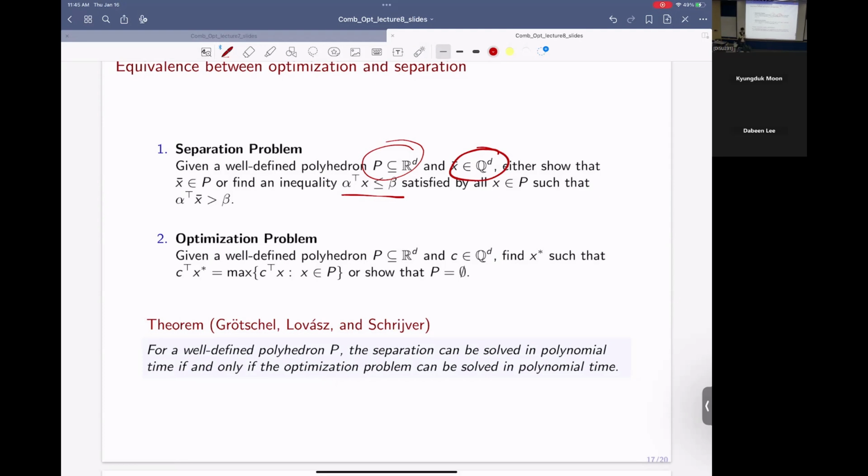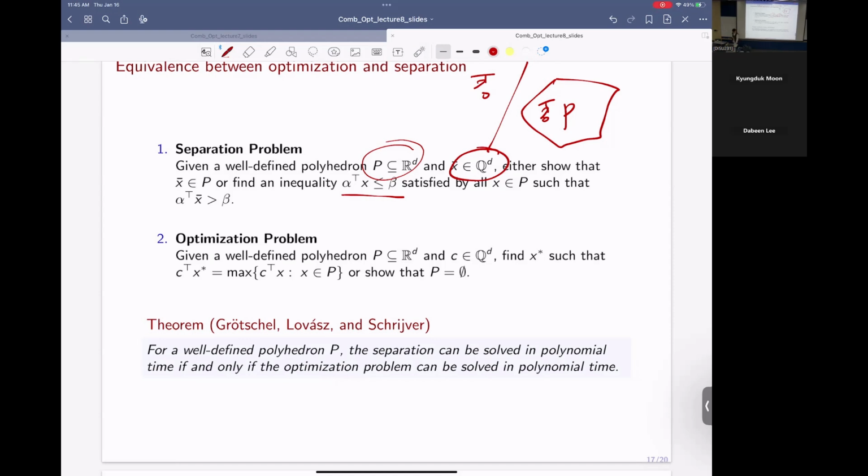In the picture, I have a polyhedron P. If x bar belongs to P, then I want to prove it. If it's outside the polyhedron P, then I want to exhibit a separating hyperplane that proves this point is not part of this polyhedron. So this is the separation problem.